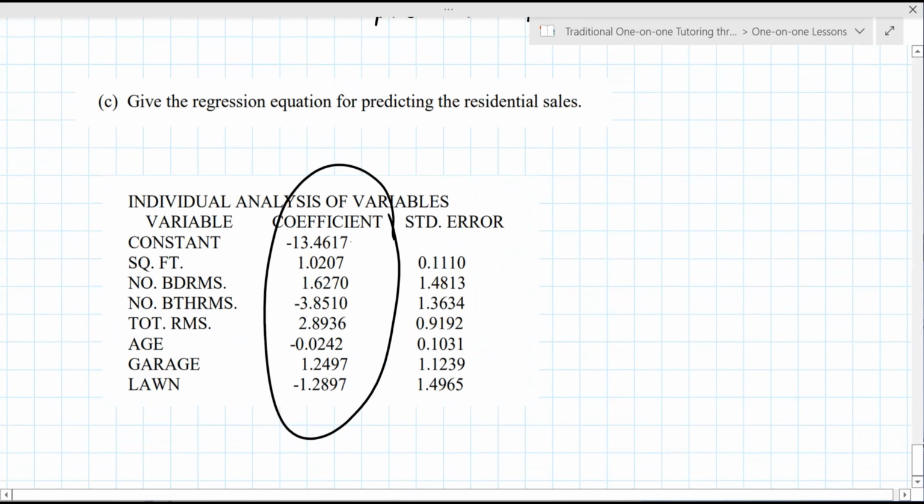The constant is the constant, but it's this one times x1, the next one times x2, the next one times x3, the next one times x4, the next one times x5, x6 and x7. And so you have to write all this out, this plus 1.0207 times x1 plus 1.6270 times x2 and so on.